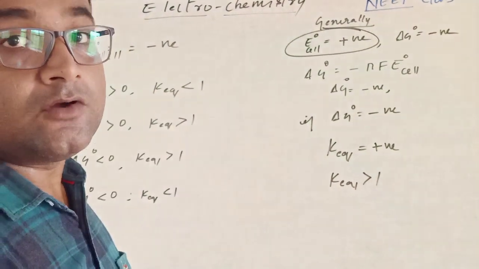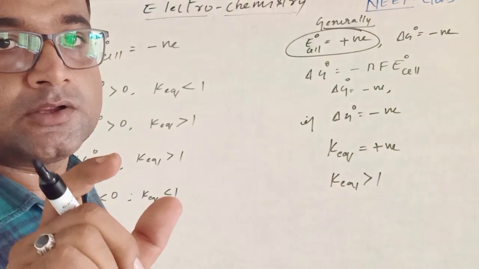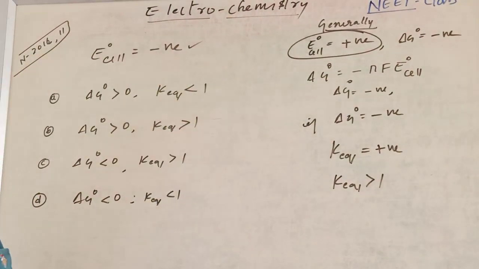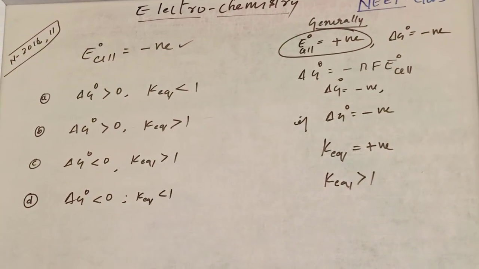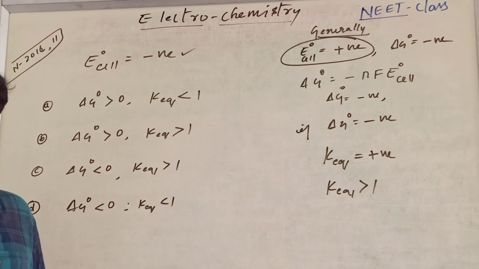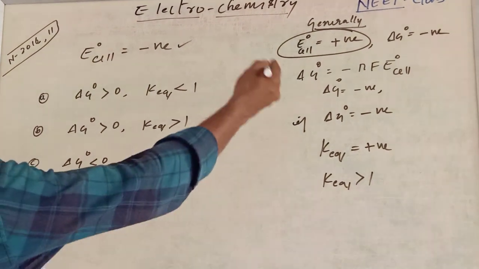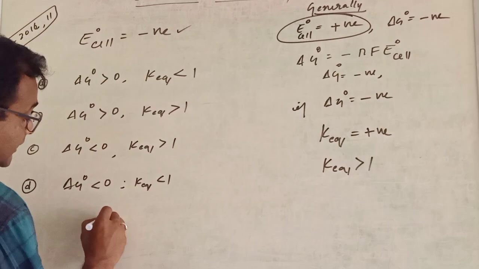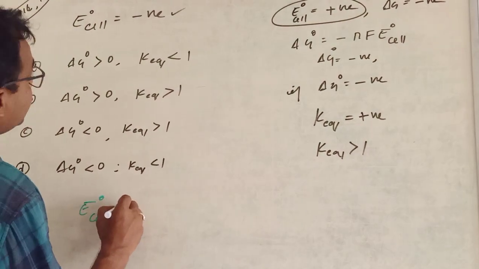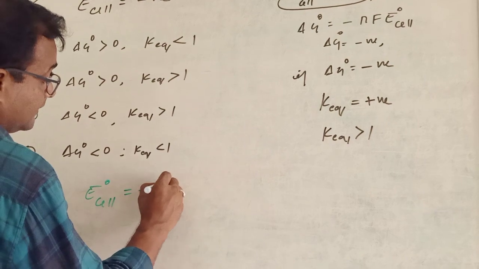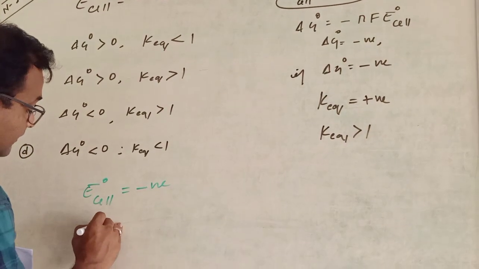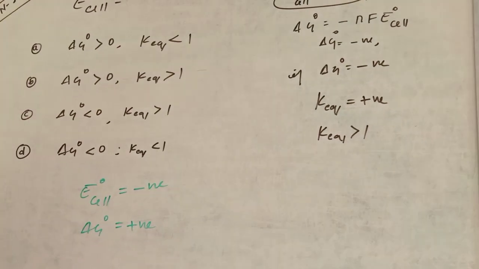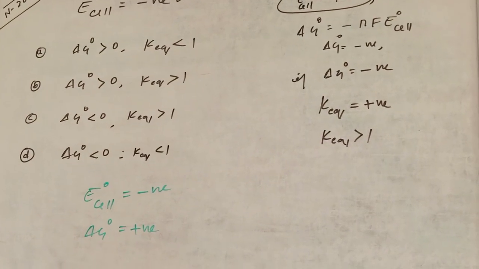Now observe the question. The question itself has given that it is negative. If it is negative, what would be the case? Then all are the reverse conditions. If E naught cell is negative, then delta G naught must be positive. That means it is a non-spontaneous reaction.